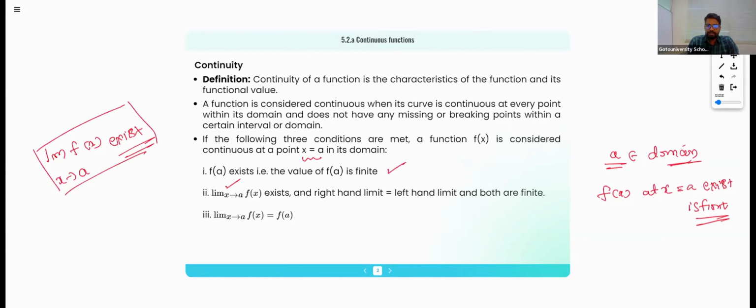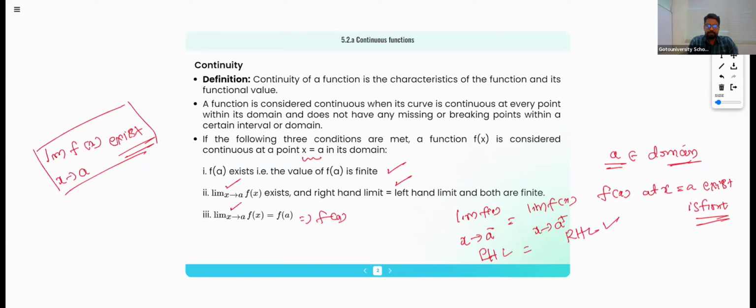At the same time, the right hand limit as well as the left hand limit, that is, the limit of this function as x approaches a minus should be equal to the limit of f of x as x approaches a plus. Both should be equal to each other, and that should be a finite value. And finally, when you apply that limit, it should give you directly f of a.